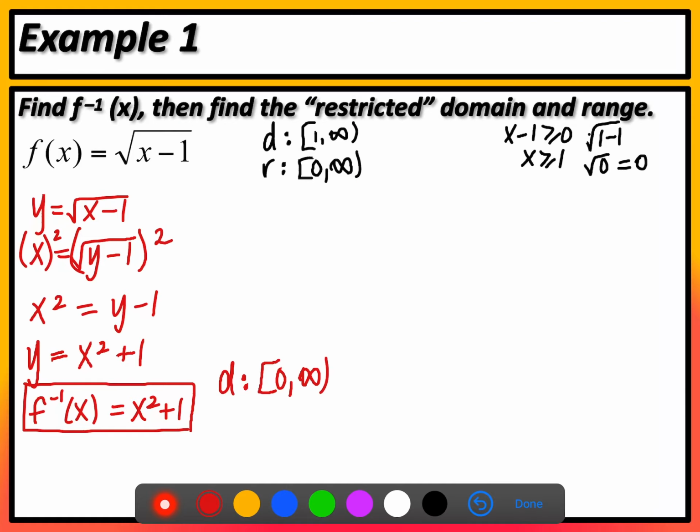Okay, we can't actually use negative infinity to infinity because it does not support the range that it came from. Okay, and we're going to have 1 to infinity on our range because we're switching the two.